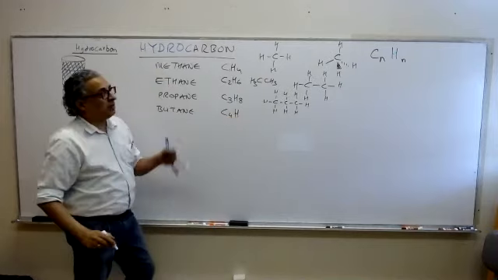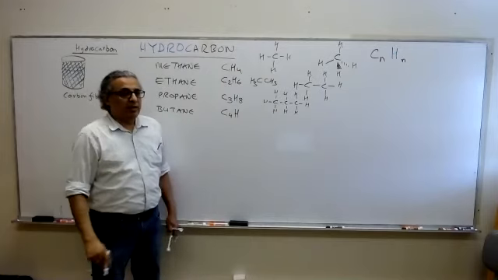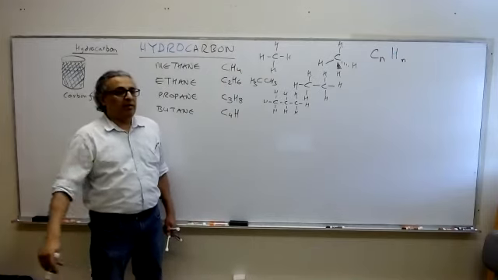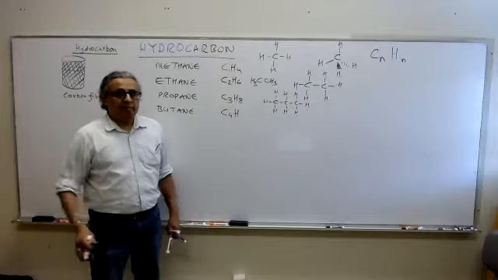What should be the formula? CNH what? Who is good at math? For every 1 carbon, you have 2 hydrogens, I assume.